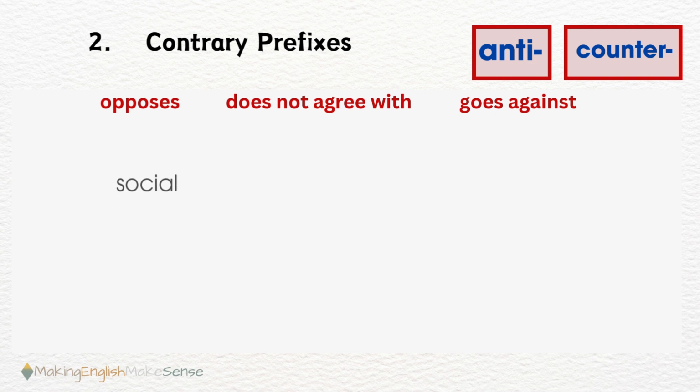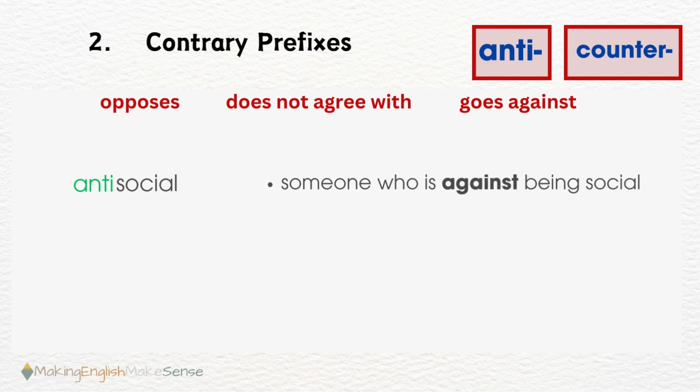The word social refers to a person who likes to spend time with other people. But when we add the prefix anti, we get antisocial. Antisocial refers to someone who doesn't like being around people. So antisocial refers to someone who is against being social.